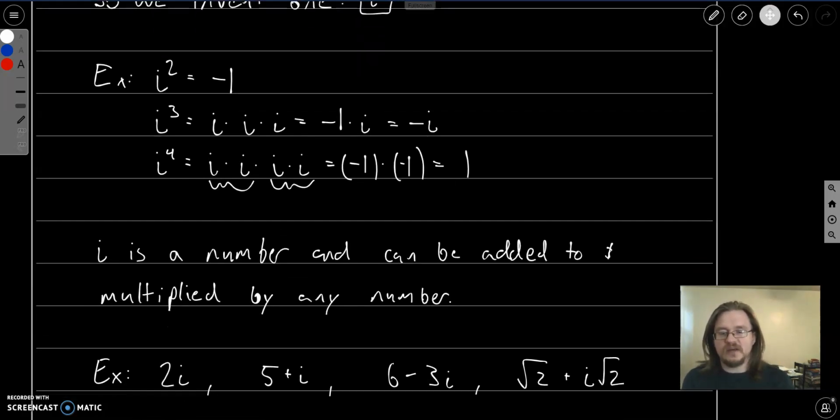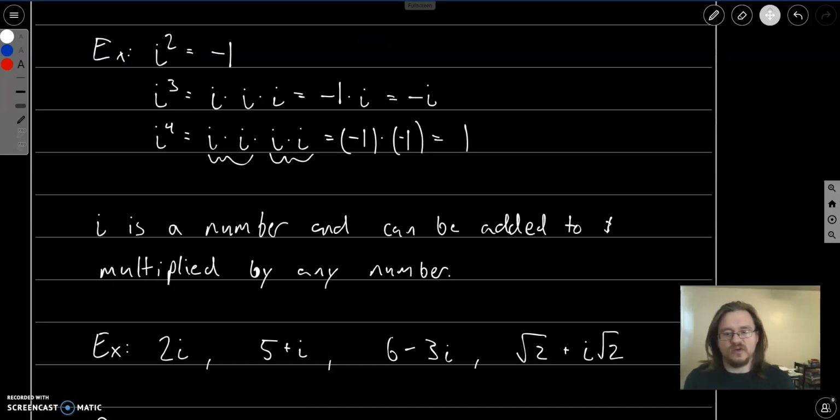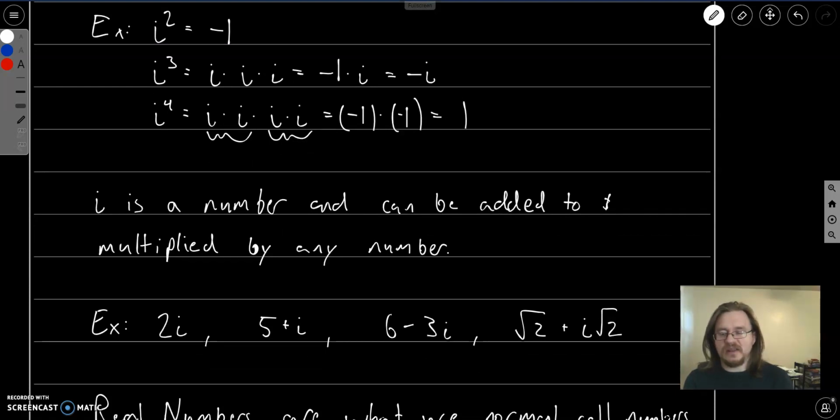So again, i is a number and can be added to or multiplied by any other number. So I could take 2 times i, or 2i, or 5 plus i. I could take 6 minus 3 times i, or the square root of 2 plus i times the square root of 2. What you'll notice is that typically, if it's an integer, we write it in front, so we'll write 2 times i.